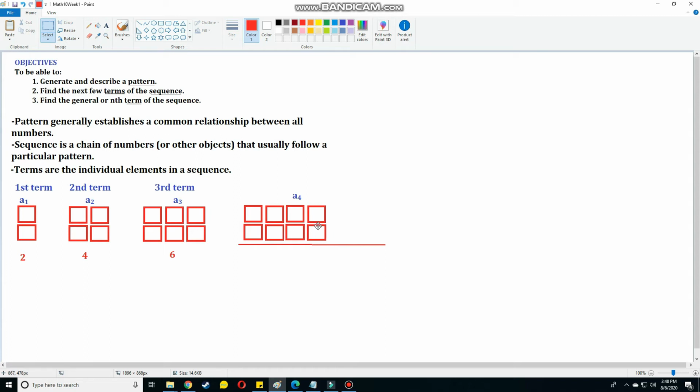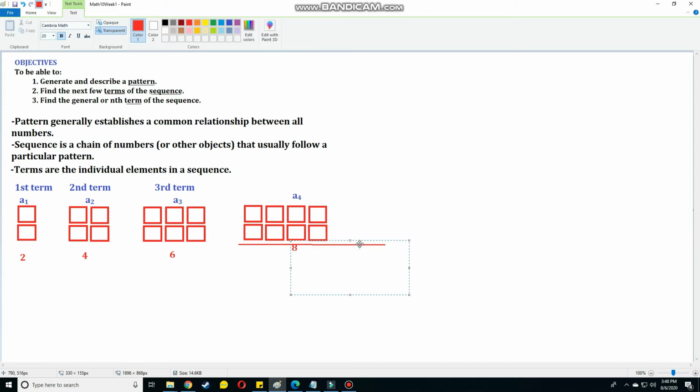It's because of the pattern that we had earlier. In the first term we have 2 boxes, and the second term there are 4 boxes, wherein there are 2 additional boxes in every next term, and that is why on the fourth term there would be 8 boxes.